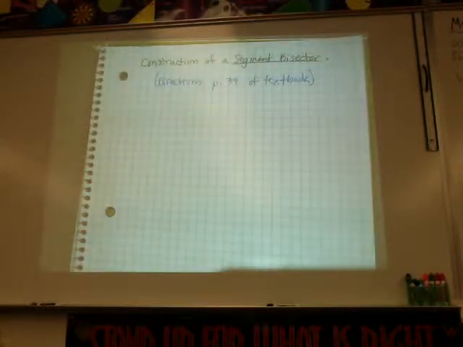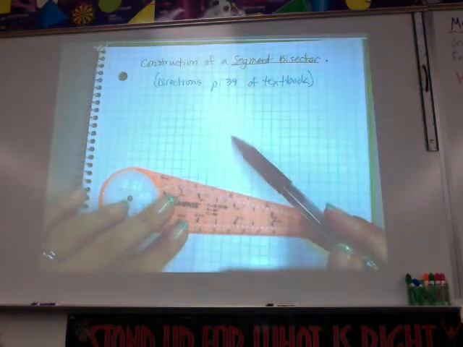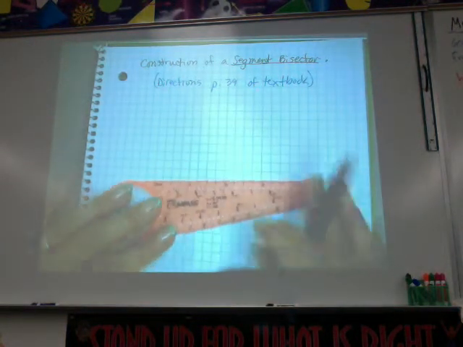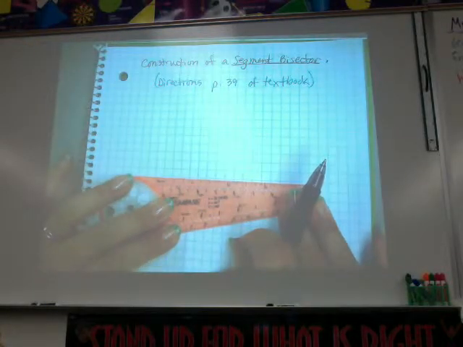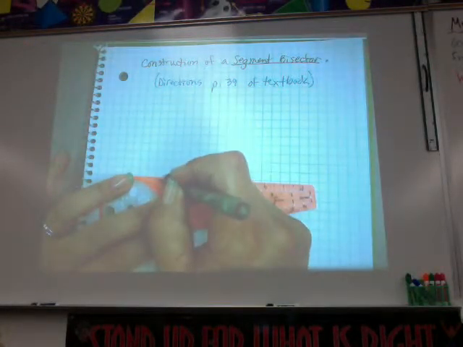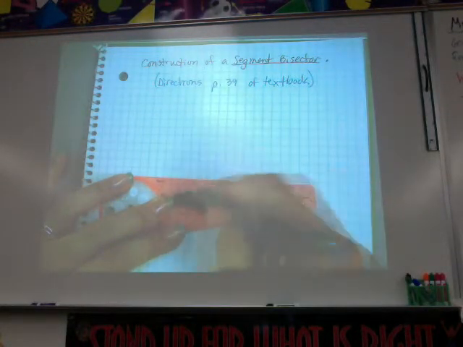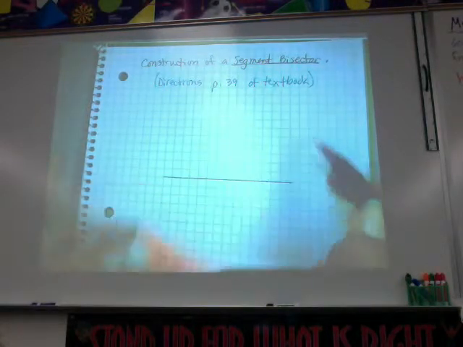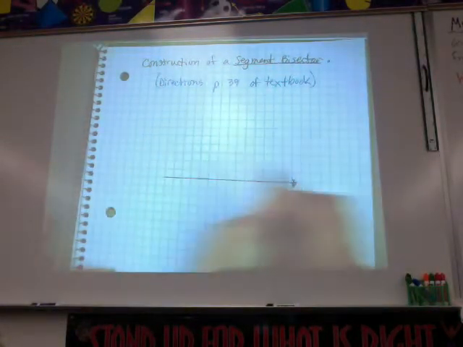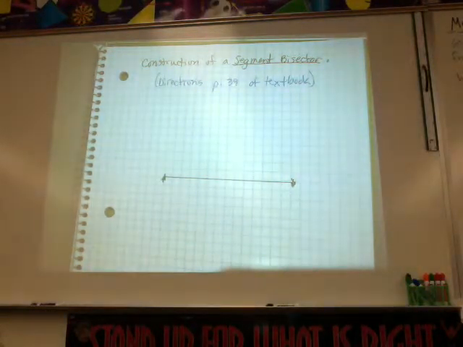Take your straight edge and somewhere in the middle, because you want plenty of room above and plenty of room below, draw a horizontal line. I could make you draw a diagonal line so that you wouldn't use your graph paper to bisect it with, but don't pay attention to how long you're making it, because I'm going to look for very specific things when you bisect a segment.